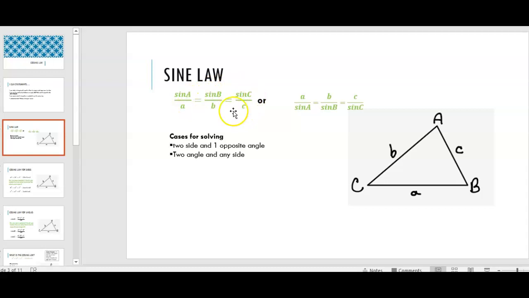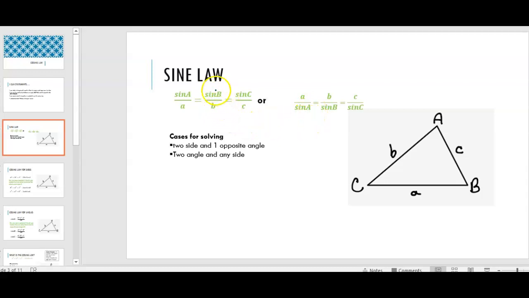Okay, and we can write that in the first case here with sine of the angle in the numerator and the length of the side in the denominator, or we can write the length of the side in the numerator and the trigonometric ratio of the angle, or sine of the angle, in the denominator.